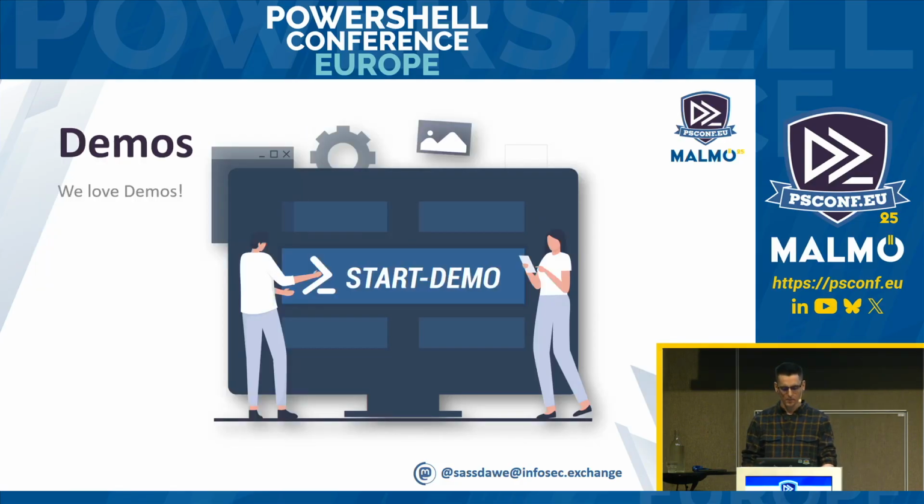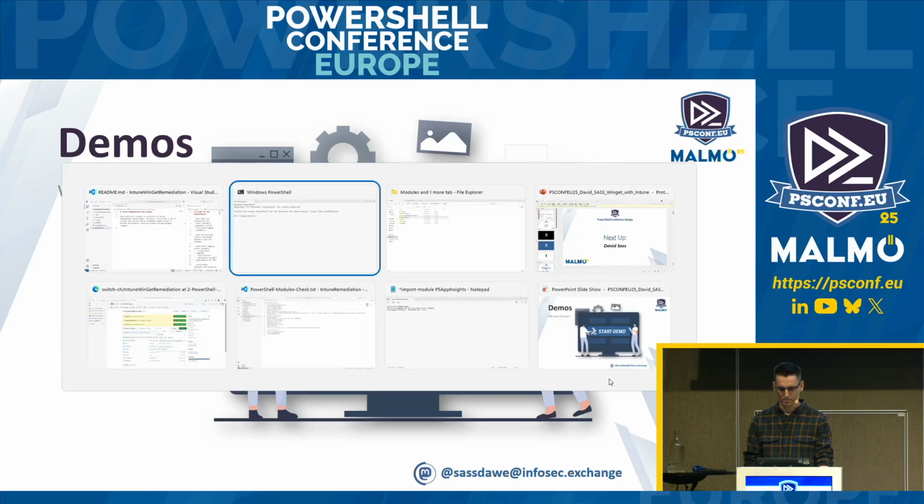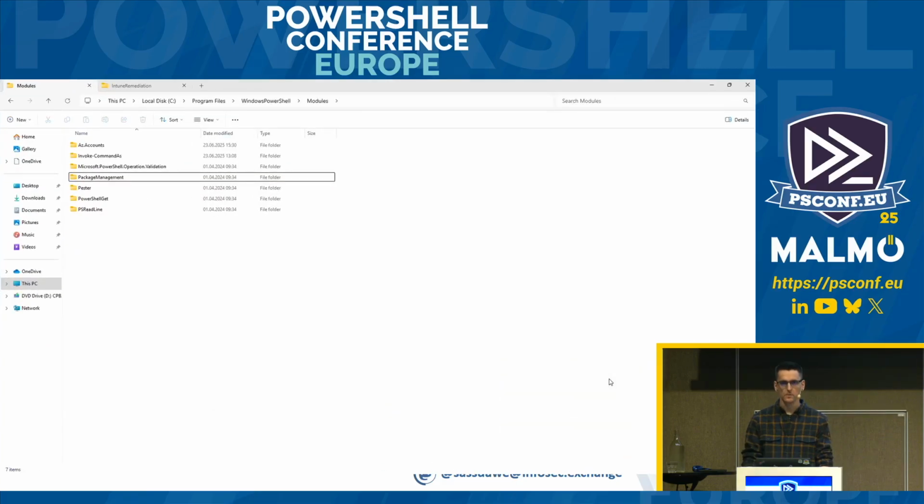And let's go to the demos. First things first, just to expand on the context, I don't know how to make this bigger. I don't have zoom in this VM, but I have a couple of PowerShell modules pre-installed. Pre-installed means I ran the remediation script.